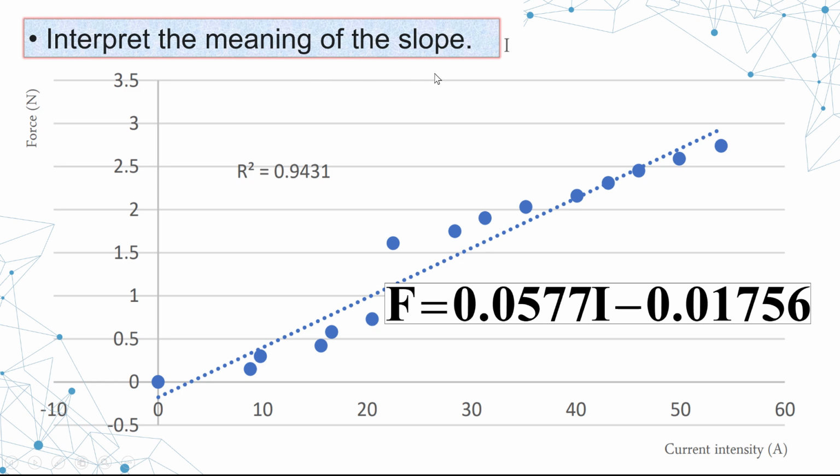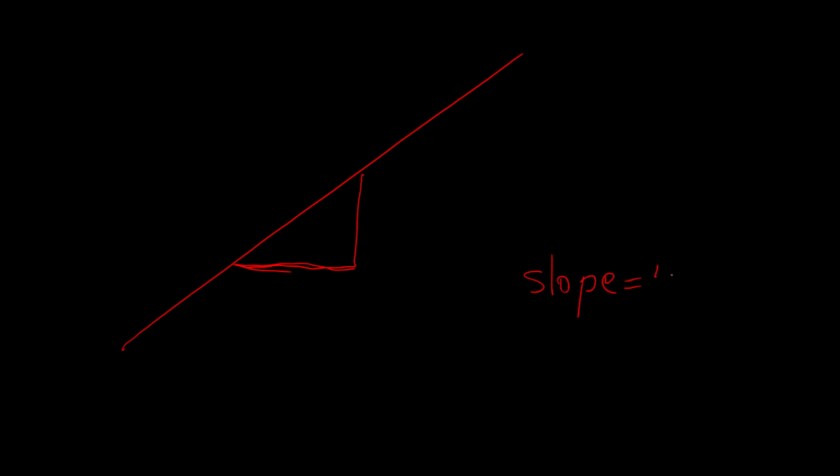Interpret the meaning of a slope. I have a video where I already explained everything about the meaning of a slope. You can watch it on my YouTube channel, but anyway, I will explain it shortly. Let me show you something here. We have a graph like this, a line, and I'm going to check the slope. Here I make a right triangle, and let's say I find the slope of this graph is 5.